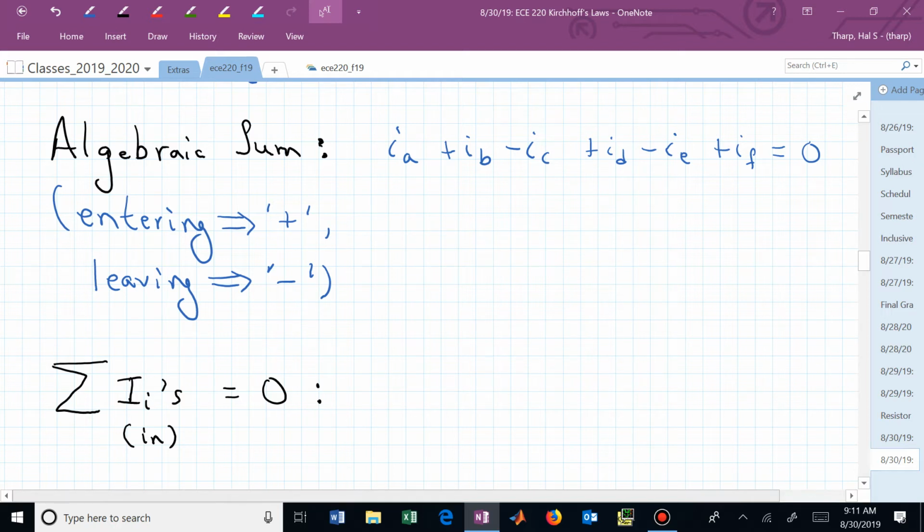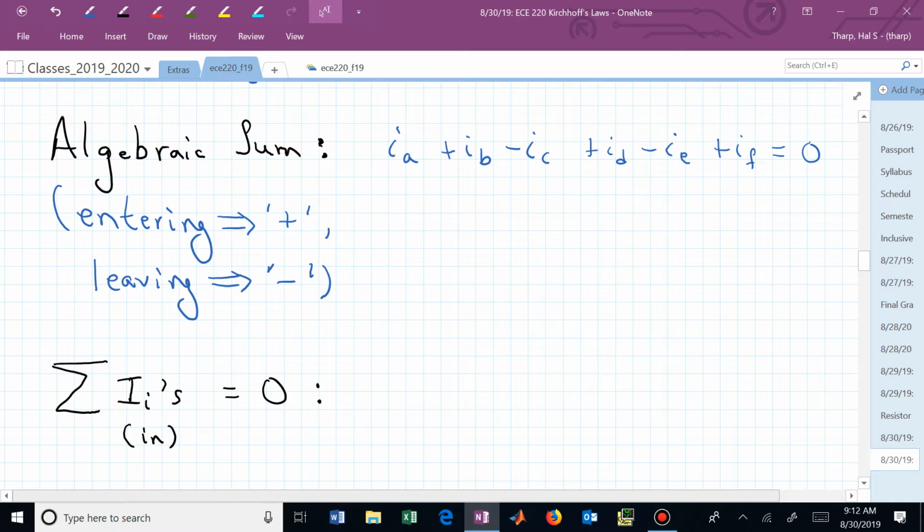We need to keep track of it. Even though it says sum of the currents in equals 0, if one is directed out, we just give it a negative sign and say it's coming in with a minus sign. We can't erase or forget or neglect currents that are directed out. We just give them a minus sign when we're using this formulation of KCL.